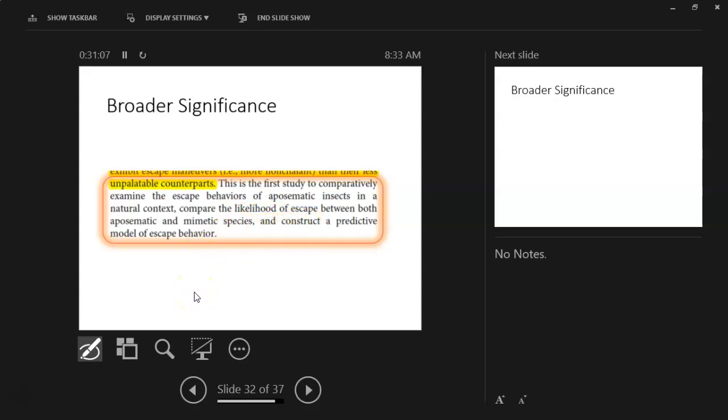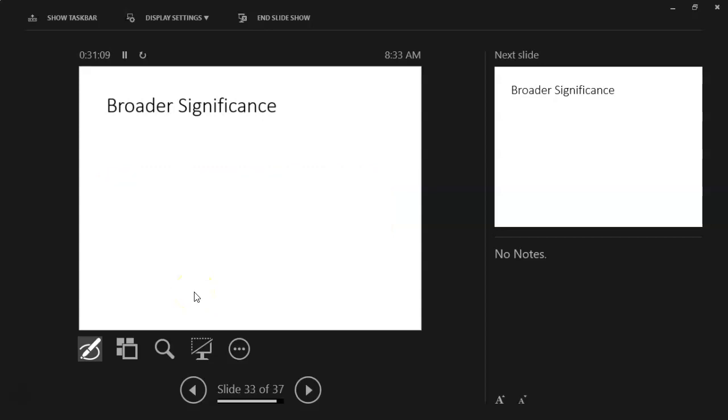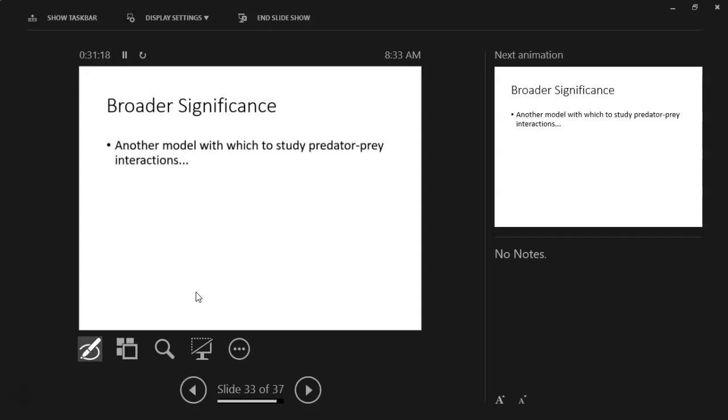So a lot of firsts there for these authors. There's other aspects of the broader significance to consider. One is that they rightfully claim that this is a really good model from which to study predator-prey interactions. Both species can be worked with in a controlled enough environment that you can get good data.